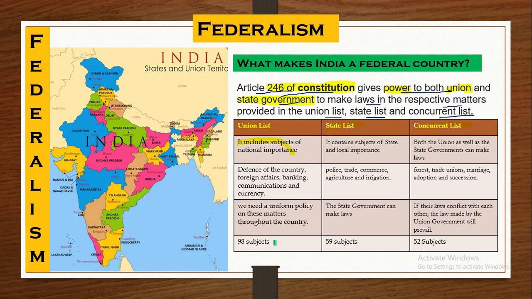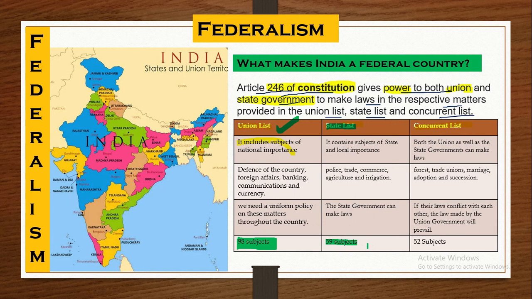Now let us see the number of subjects that were there. In the union list, we have a total of 98 subjects, where the union government can make laws. Coming to the state list, we have 59 subjects.